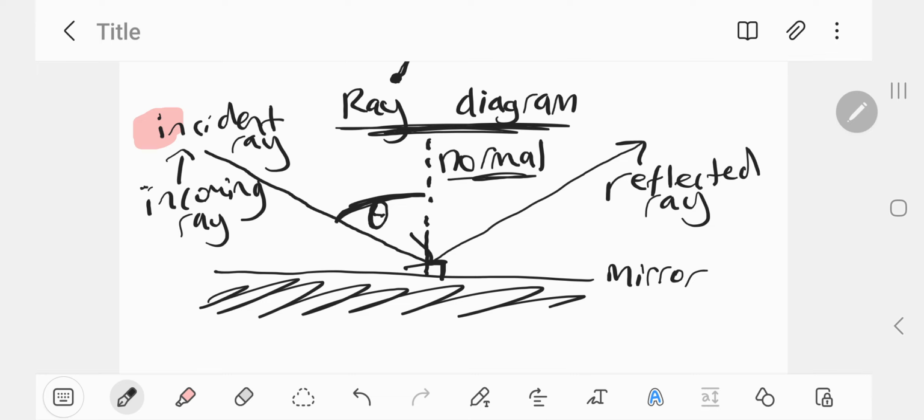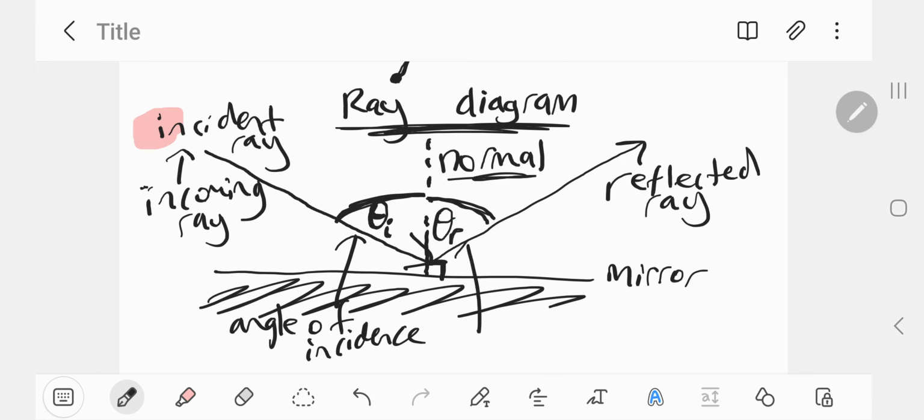It's a Greek letter. Theta with a subscript I. Theta sub I. That is the angle of incidence. Okay, between the incident ray and the normal line. That's why it's called the angle of incidence. And no surprises, you have the angle of reflection. Theta sub R. R for reflection. That is the angle of reflection.